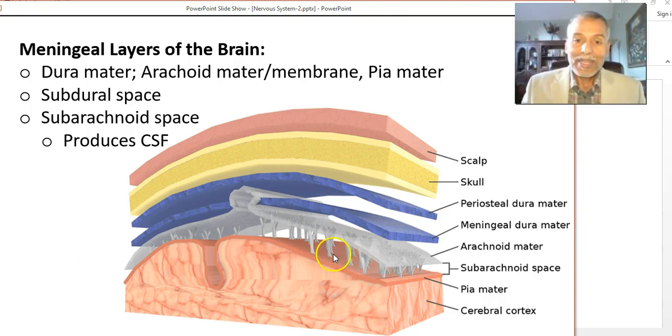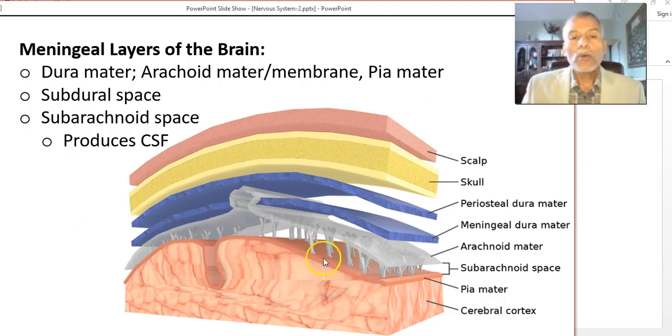Beneath it, there is a space called the subarachnoid space. And that is very, very important. Many blood vessels run through the subarachnoid space.